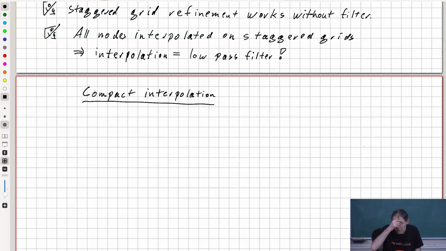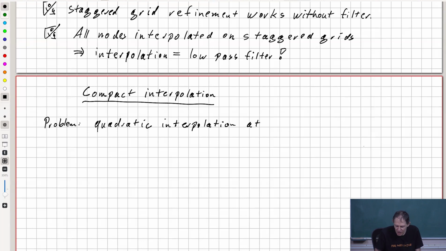So compact interpolation. What's our problem? We have seen for the Navier-Stokes equation, we would need to have a quadratic interpolation, right? But quadratic interpolation requires relatively large stencils, and this is always a problem, because large stencils mean a lot of cost and problems at boundary conditions because they have missing neighbors.